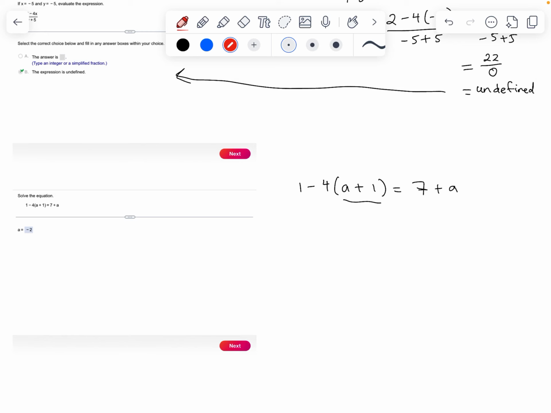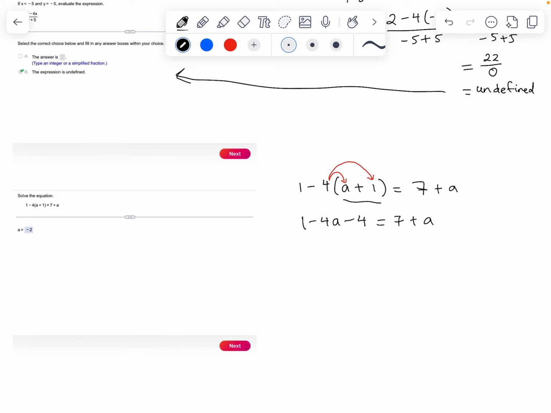So it means that we take the negative 4, we'll multiply it by a, and then we'll take the negative 4 again, we'll multiply it by 1. Then we'll get 1. Negative 4 times a will become negative 4a. Negative 4 times 1, it'll become just negative 4, equals 7 plus a.